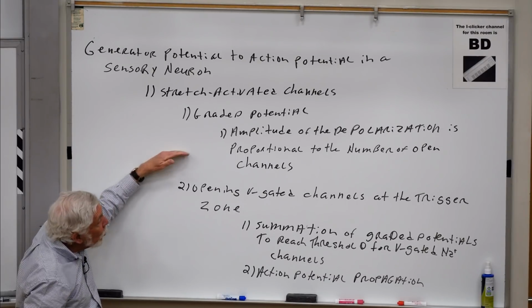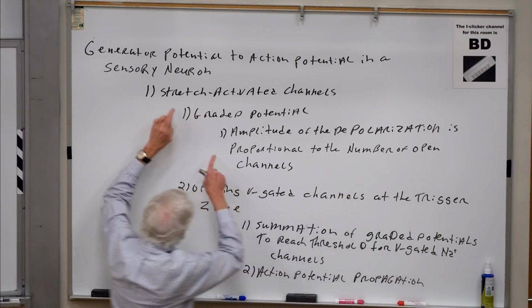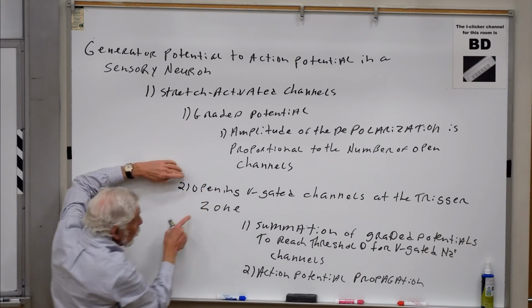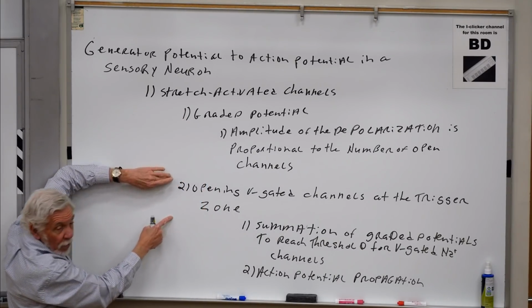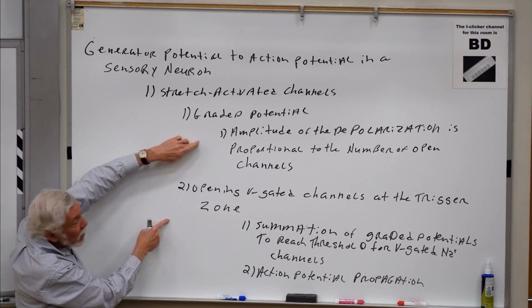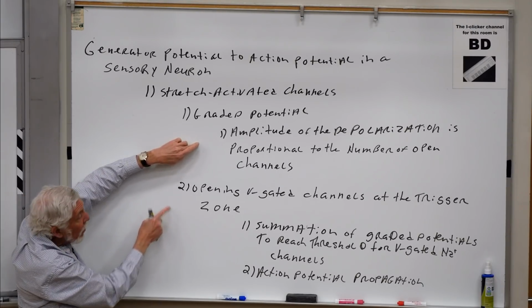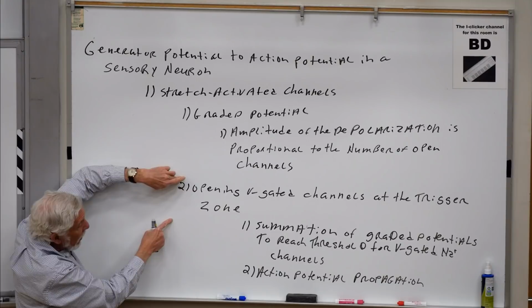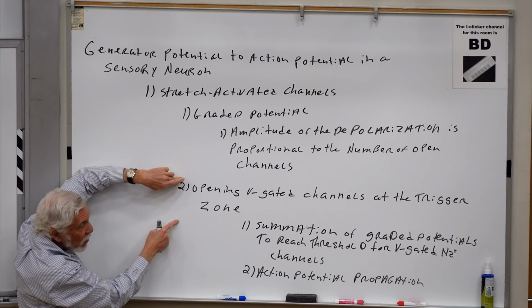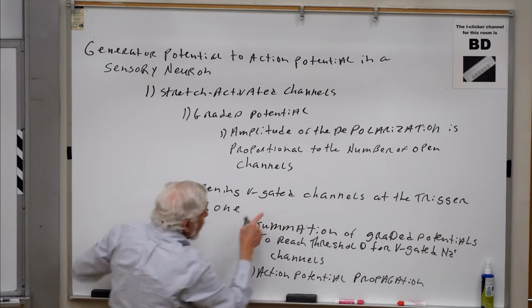We're going to use the depolarization generated by the stretch-activated channels to signal the voltage-gated channels to open. So positive charge will come in here in the form of sodium. That positive charge will then be recognized by the voltage-gated sodium channels clustered in a region called the trigger zone.